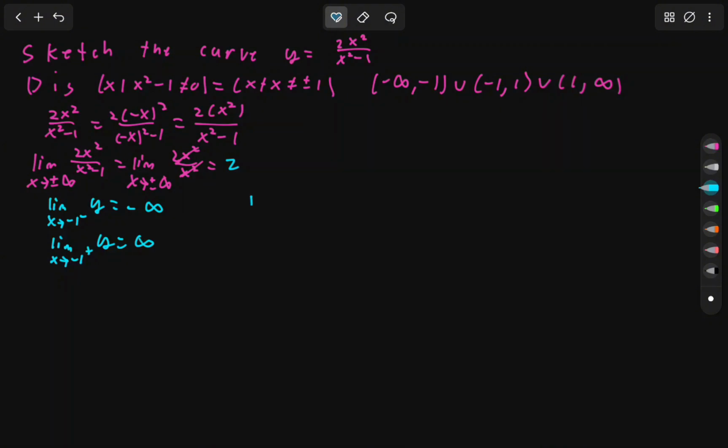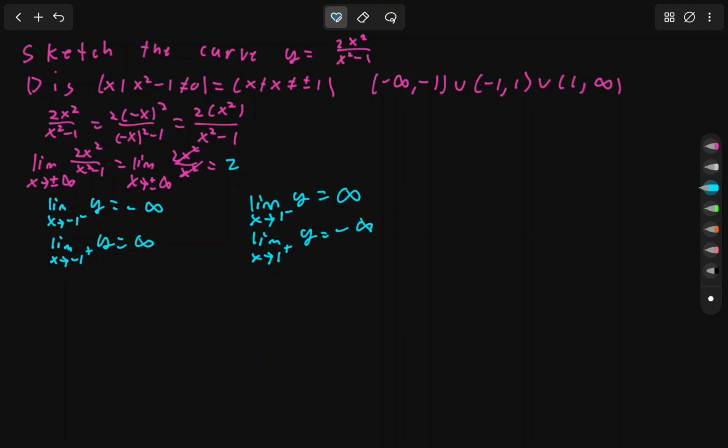Now the limit as x approaches 1 from the left of y will approach infinity, and then the limit as x approaches 1 from the right of y is going to be negative infinity.